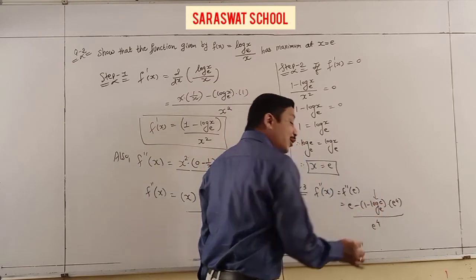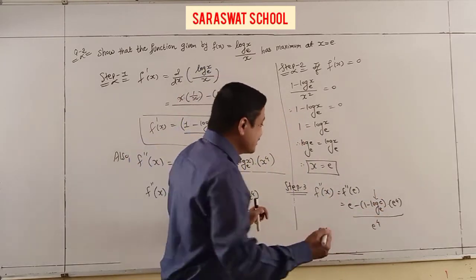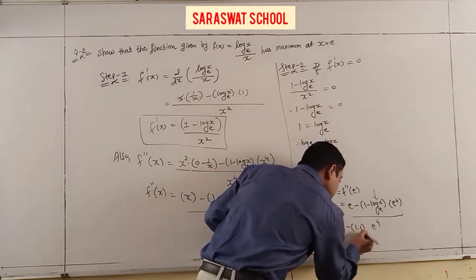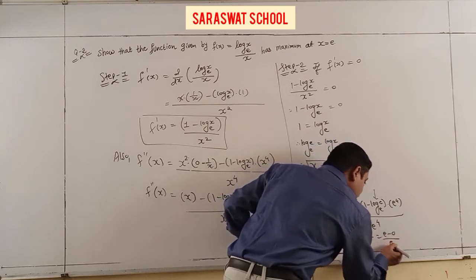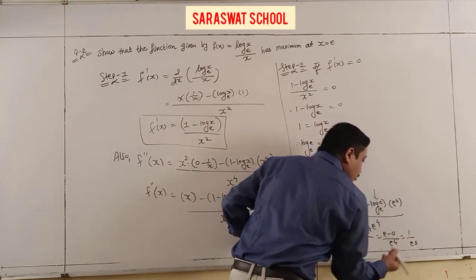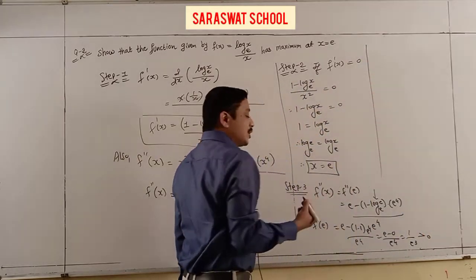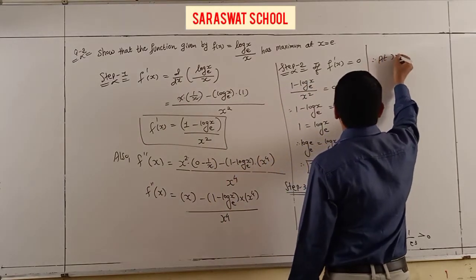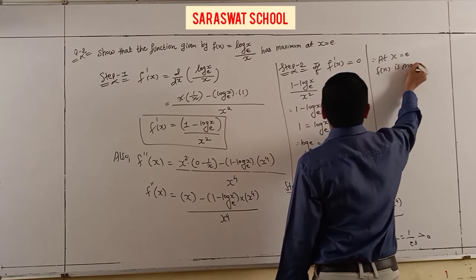But now what is log e base e? 1. Indirectly 1 minus 1. So your value is f double dash e minus, indirectly it is 0. E minus 0 by e raised to 4, 1 by e cube, and definitely it is greater than 0. So I can say yes. Therefore, at x is equal to e, f(x) is maximum.